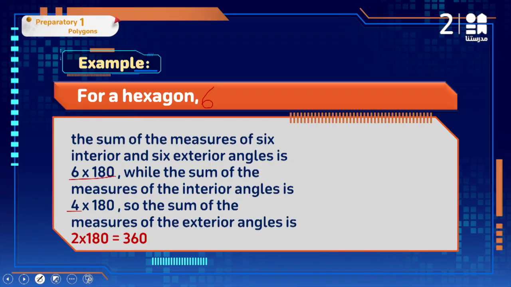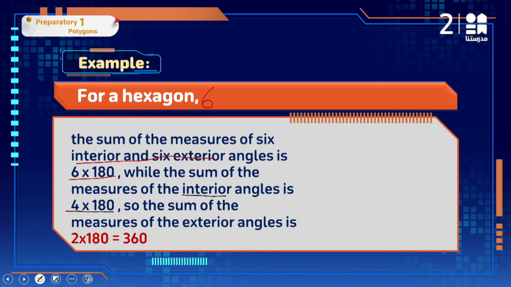Then the sum of the measures of the exterior angles is 2 times 180. How can we get it? 6 times 180 is for the interior and exterior, and the interior is only 4 times 180. When I subtract 6 times 180 minus 4 times 180, we get the difference for the exterior angles.